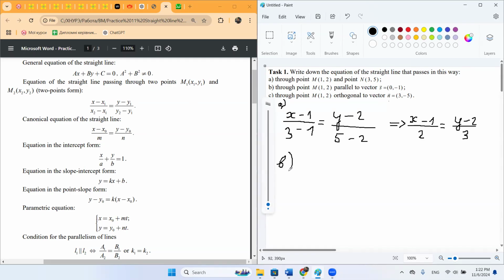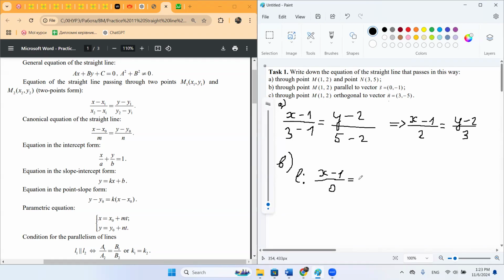Okay, section B. We know the point M, and we know the vector S. Which form can we use here in part B? Point M belongs to the line. Sophia? Canonical form. Yes, canonical form, definitely. So x minus 1 divided by 0.